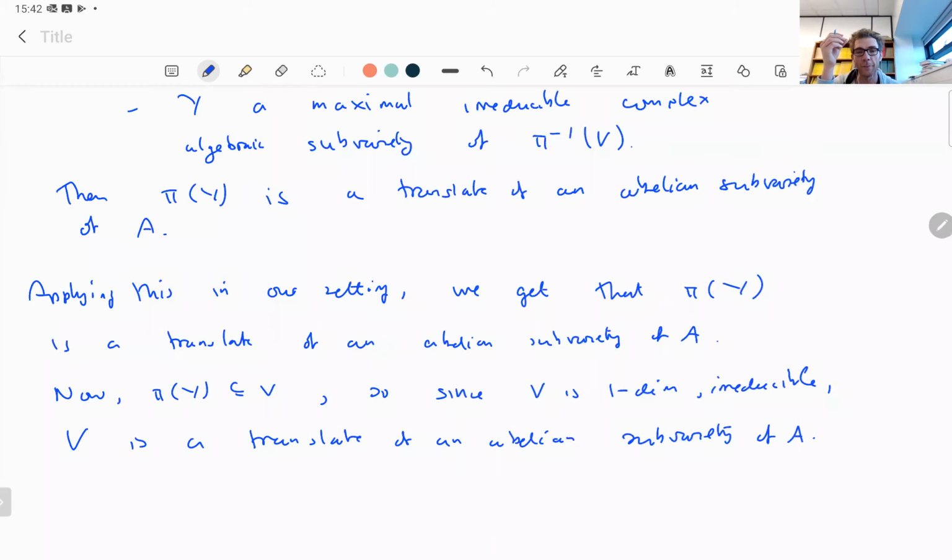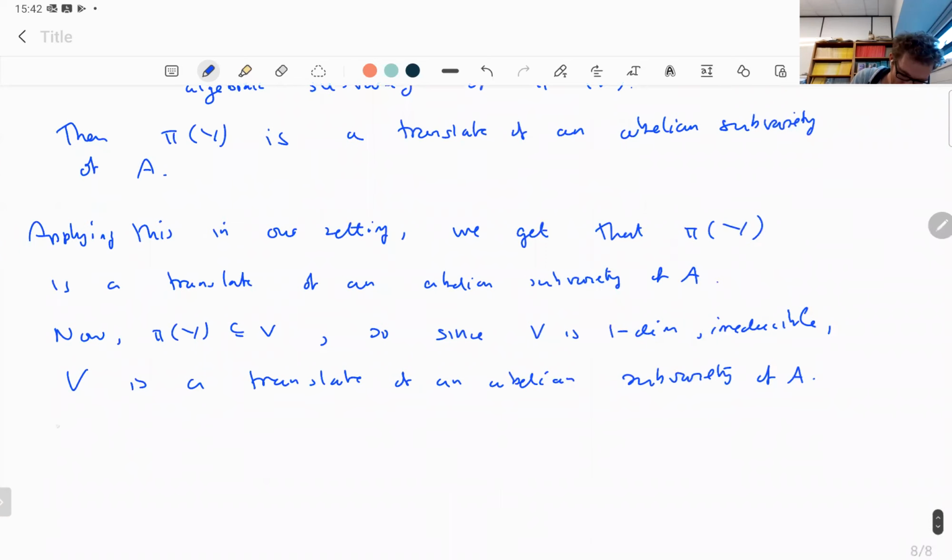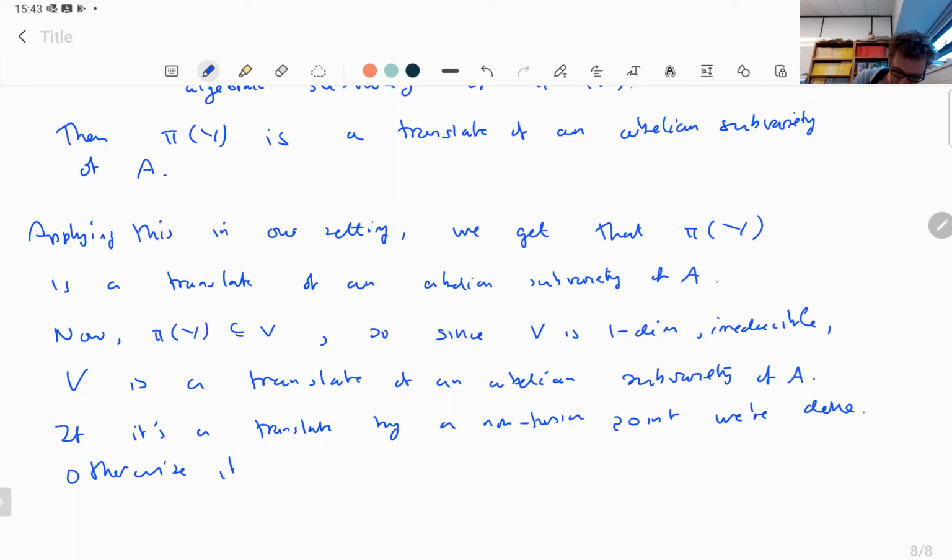So it might be a translate by a non-torsion point, and then it doesn't have any torsion points on it, so we're done. Otherwise, it's a translate by a torsion point. And then it's a component of an algebraic subgroup, which contradicts our assumption at the beginning.